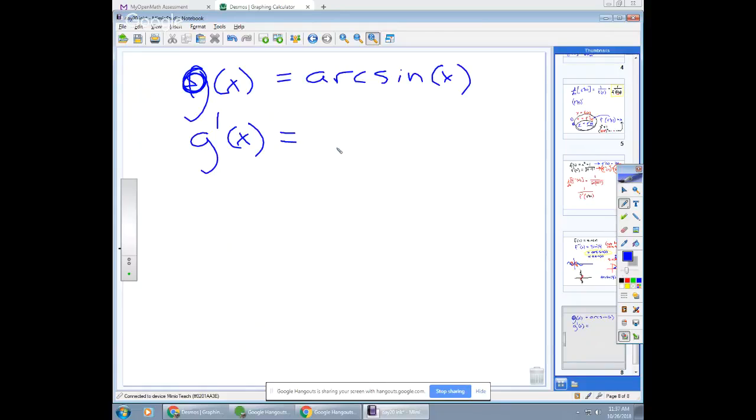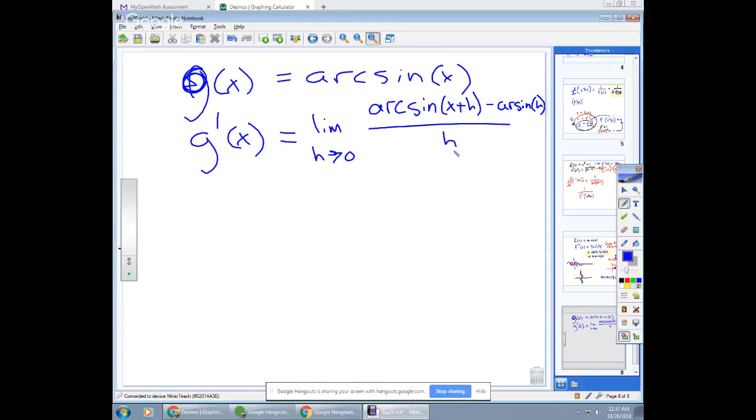Well, the technical definition for a derivative is to take the limit as h goes to 0 of the arc sine of x plus h minus the arc sine of x, all over h. Oh dear.